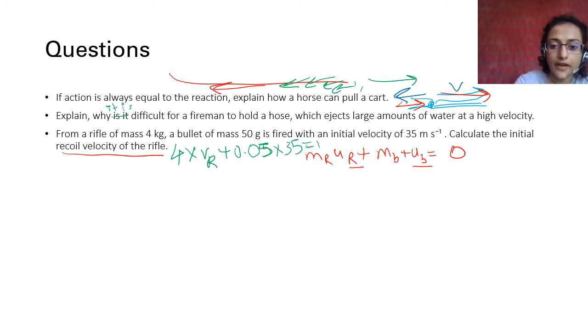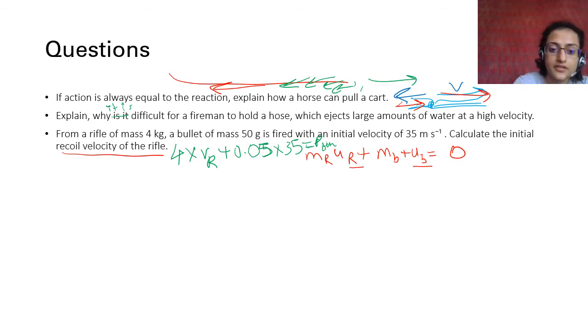Anyway, I should not write it like this. This is wrong. I should write P final. These are the same, right? Because the momentum initially and momentum finally is the same due to the law of conservation of momentum.